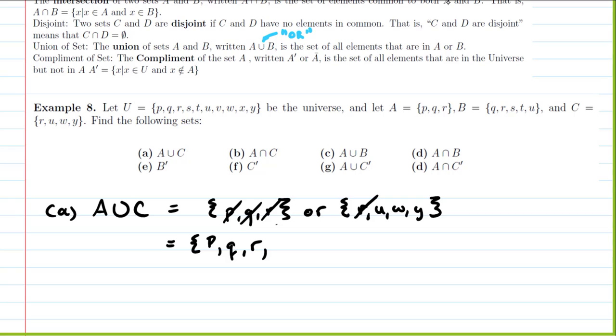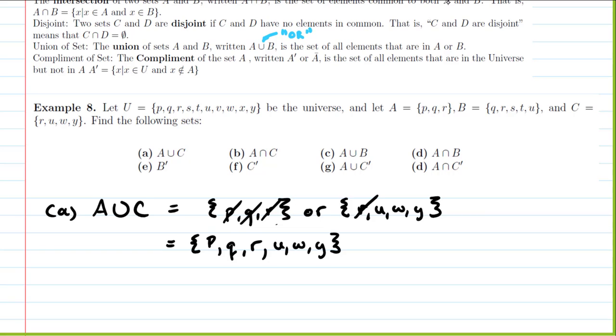The rest of them just come along for the ride. So our set A union C is P, Q, R, U, W, and Y. So essentially, it's everything that was in A or everything that was in C.